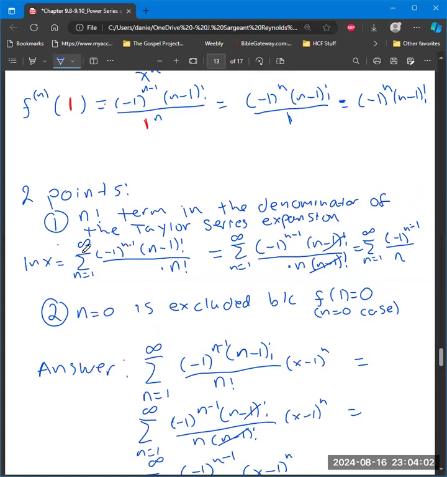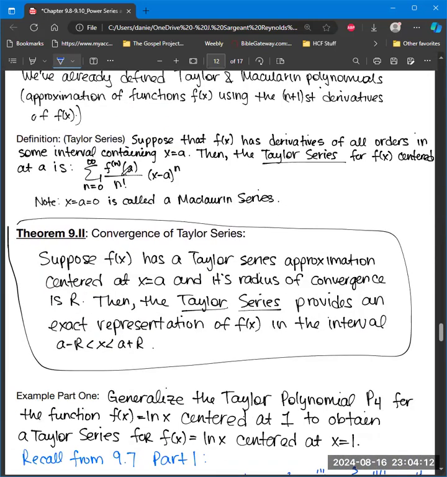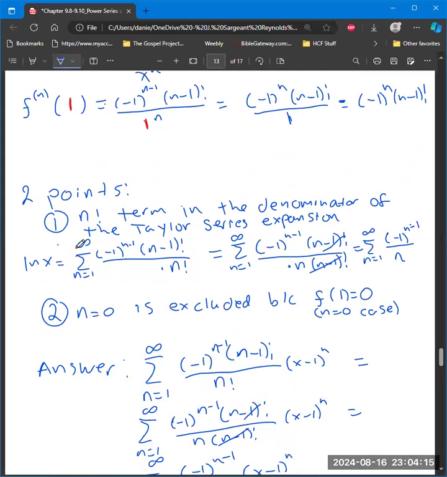So when we write ln of x, we need to write it as the summation n equals 1 to infinity. We'll talk about why that's 1 in just a second, when the definition up here said 0. See, the definition says 0, and I'm writing 1 there. Just give me a second and I'll explain that. So this is -1 to the n minus 1 times n minus 1 factorial over n factorial here.